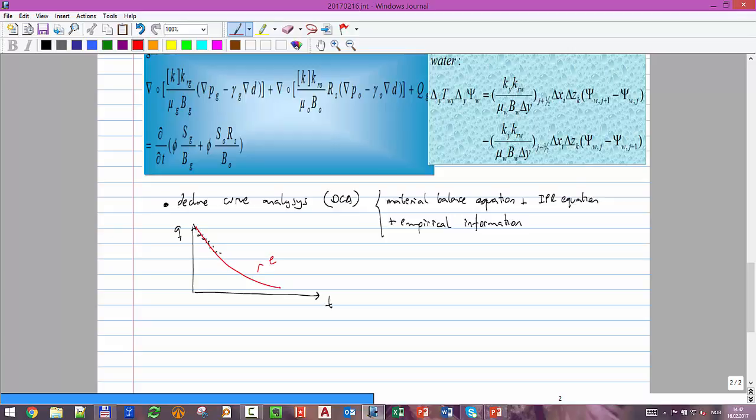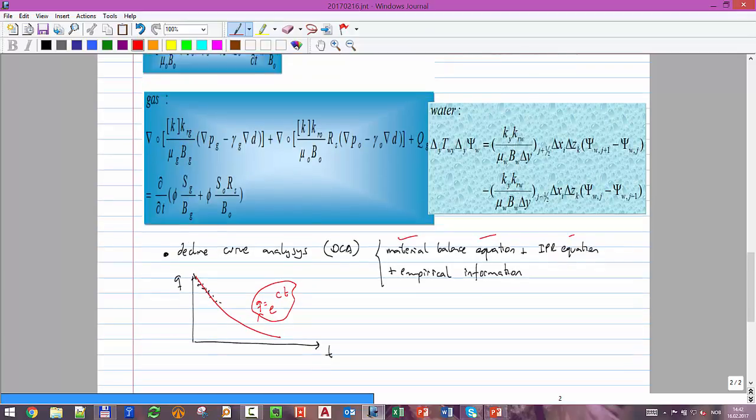I know that behavior, so Q will be an exponential function of time, or it can be any other kind of function, and I'm going to deduce that function from these equations depending on which case I have. But don't be concerned about it, just keep it in your head. There is a third option we don't use too much here in Norway.